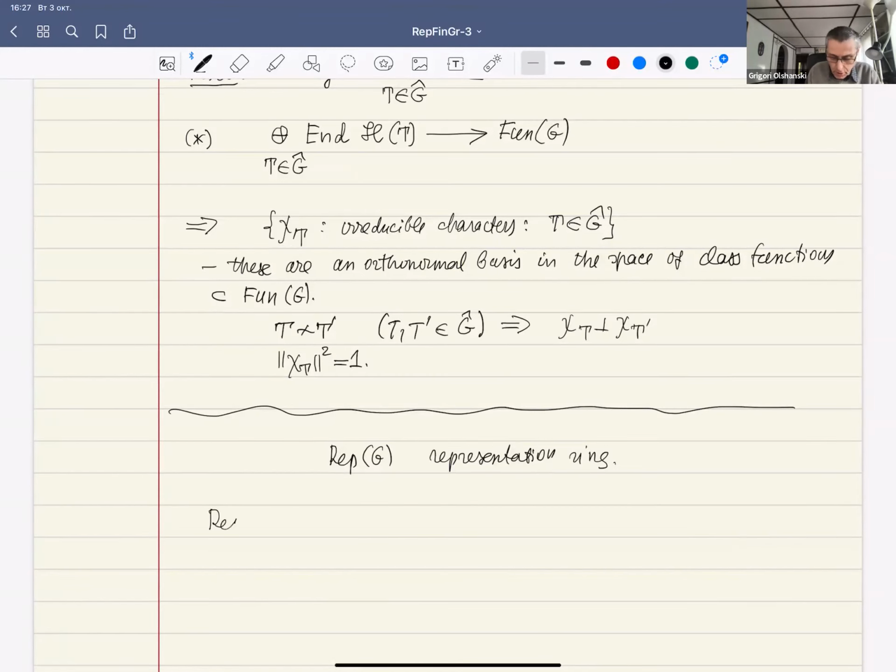So by definition, Rep G is the direct sum of abelian group Z of integers. So this is just a formal definition. So we take the direct sum of a certain number of copies, and the number of copies is the cardinality of a dual object. So this is a Z module.